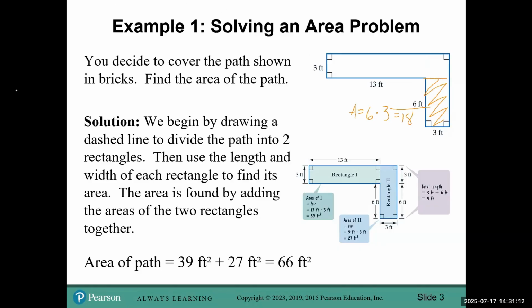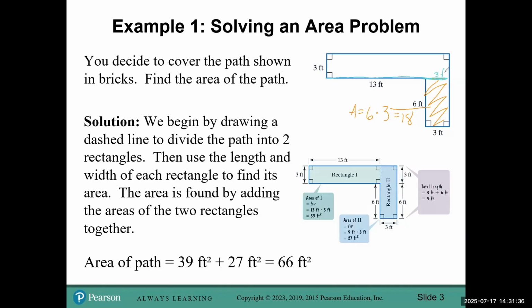Now for the other rectangle that's oriented horizontally, I have this dimension, it's 3. But this dimension, it's not 13. 13 only gets me to here, right? And I also need to measure all the way over to here. So this distance is going to be exactly the same as this distance.